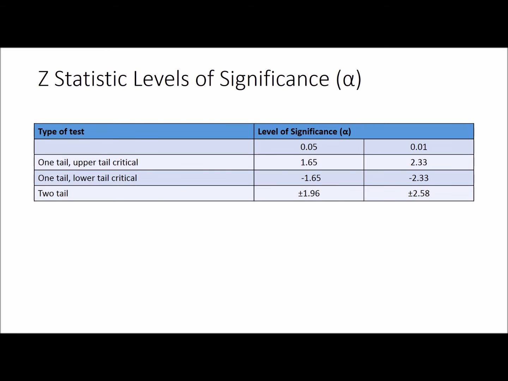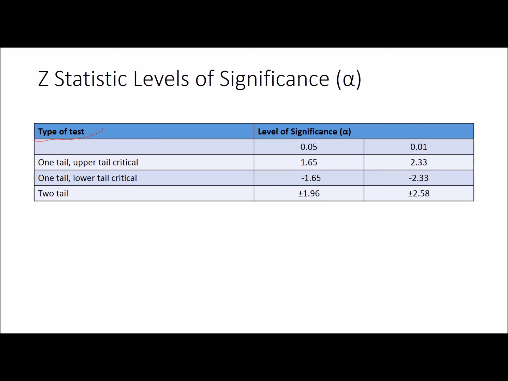Z statistic levels of significance, or the alpha levels. We have a chart that will show us what the Z statistic has to be based upon the probability level, or the alpha level, that you have set. So let's take a look at this chart. Starting up over here, we have the type of test.